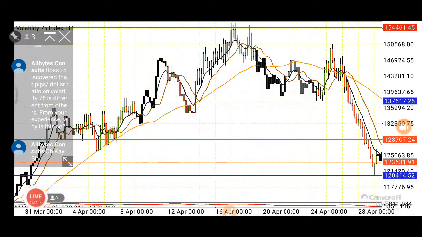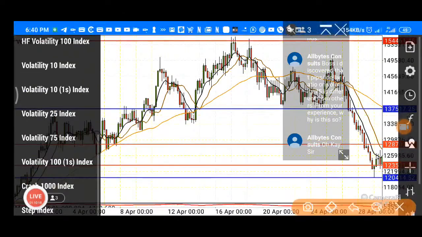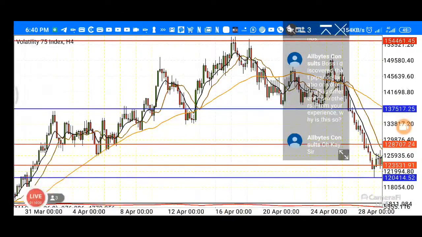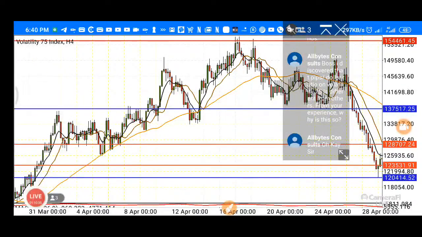So let's use this level for TP. There's a small resistance here, and there's a support here. So the market might still, and you can see there was a little pullback here also on H4.